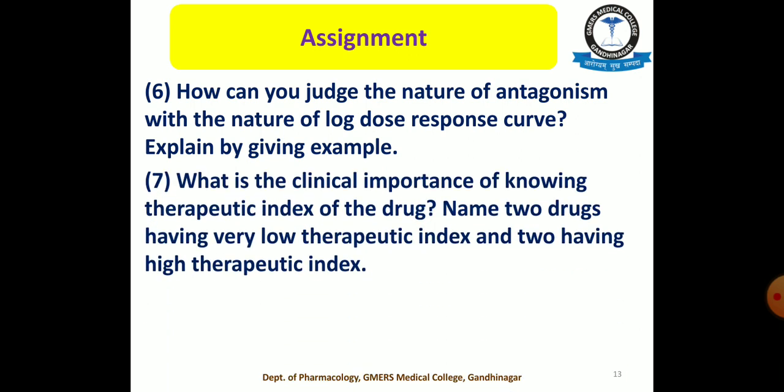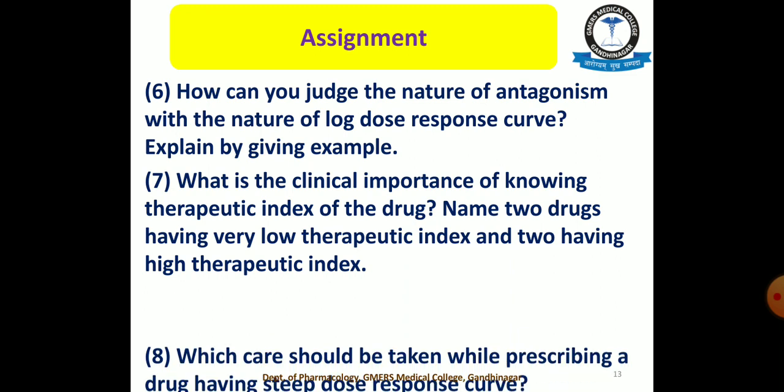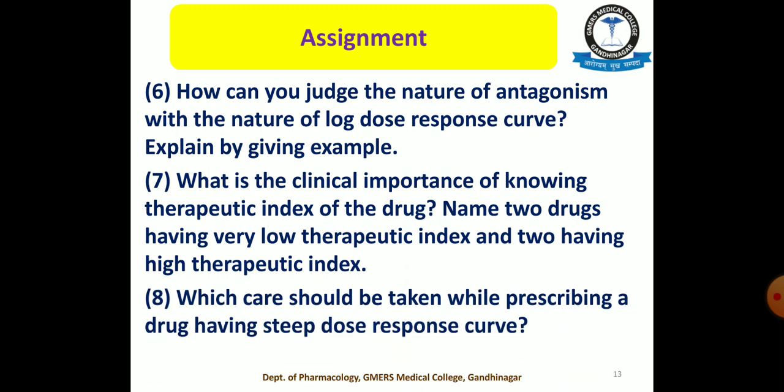Then what is the clinical importance of knowing the therapeutic index of the drug, and name 2 drugs having a very low therapeutic index and 2 drugs which are having a higher therapeutic index. Then the last question is, which care should be taken while prescribing a drug having a steep dose response curve?